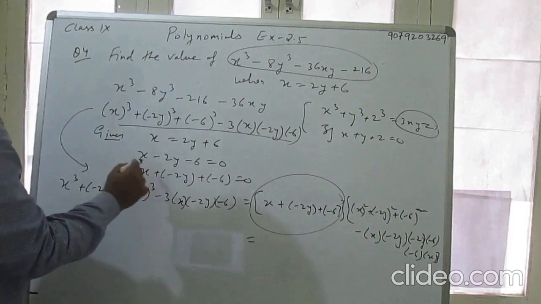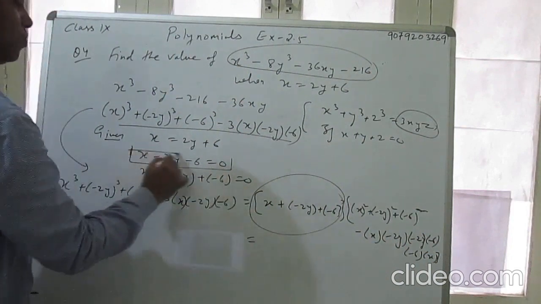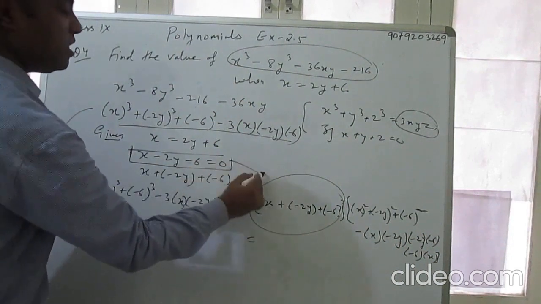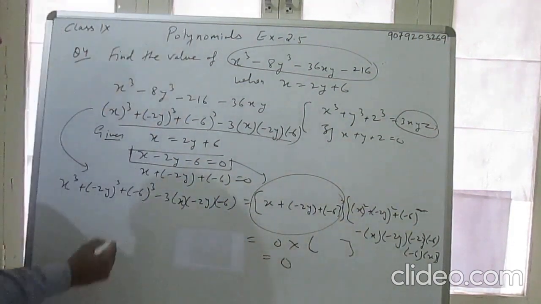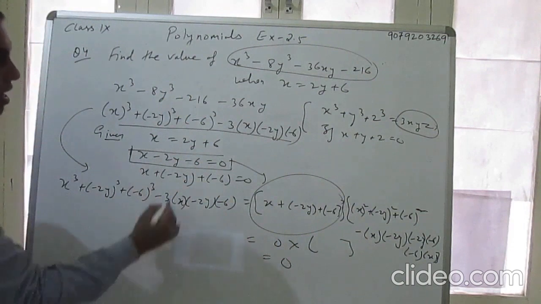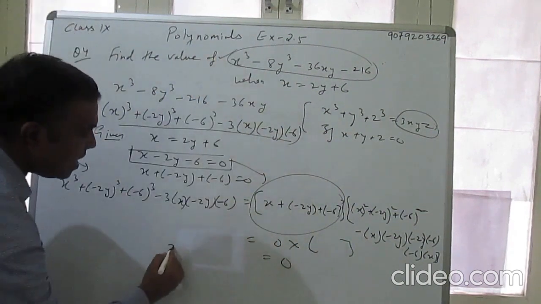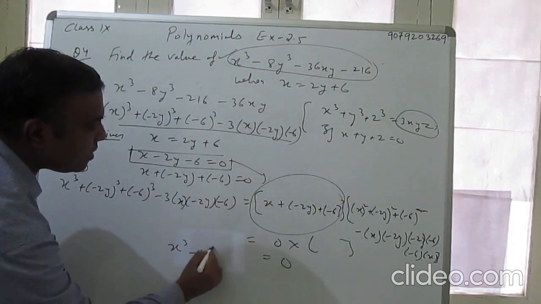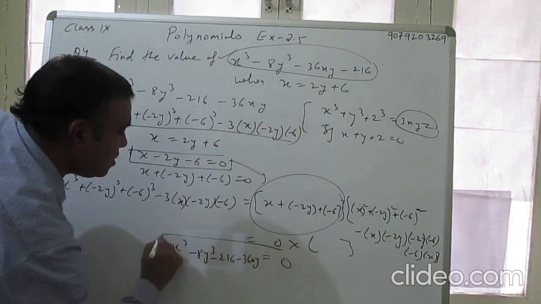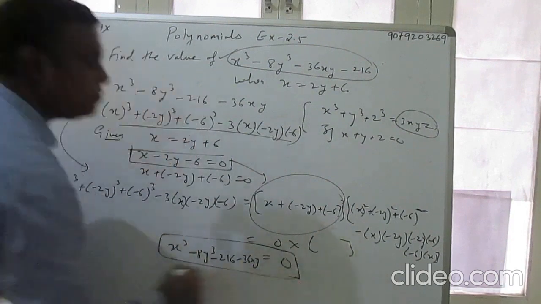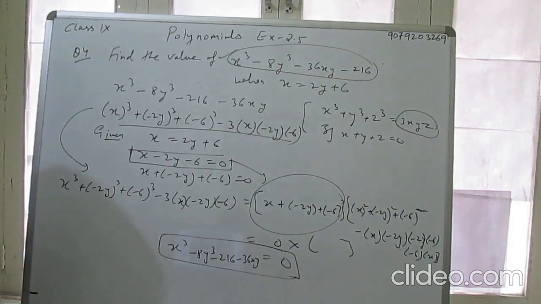Here you can see that x minus 2y minus 6 is equal to 0. 0 into something is 0. The answer of this is x cube minus 8y cube minus 216 minus 36xy is equal to 0.